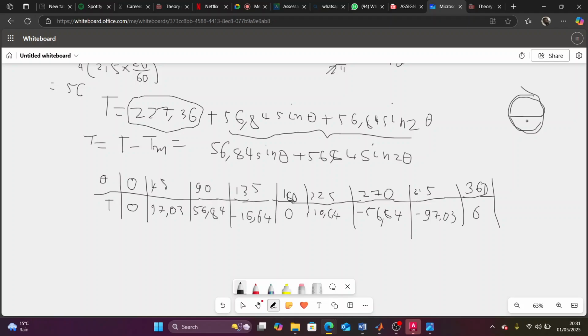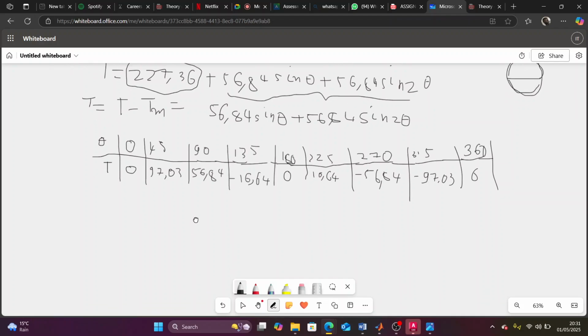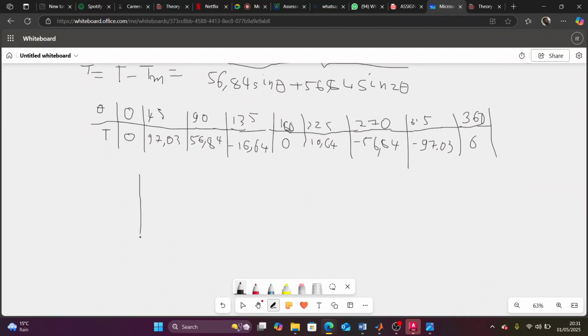But now when we're going to plot our graph, we're simply going to work with one sample from 0 to 180. Now let's just write all the values that we have here.